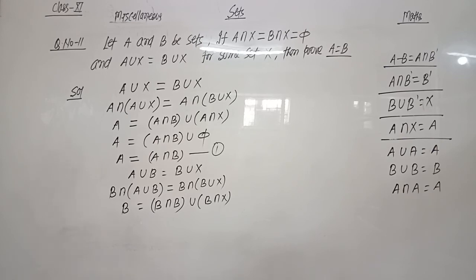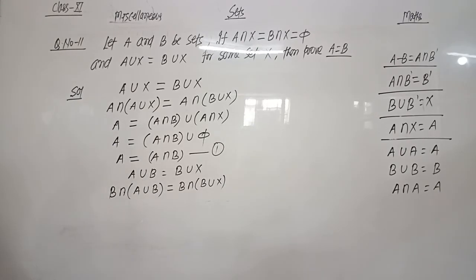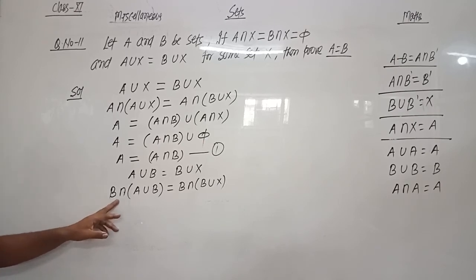B intersection (B union X), here we use the distributive property.